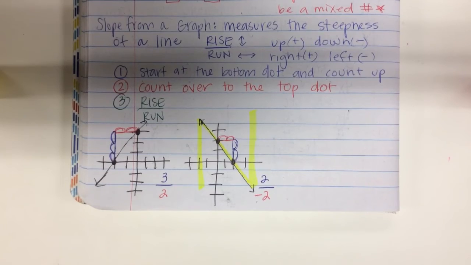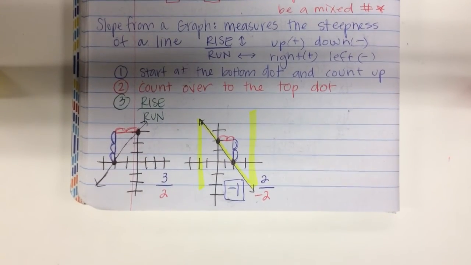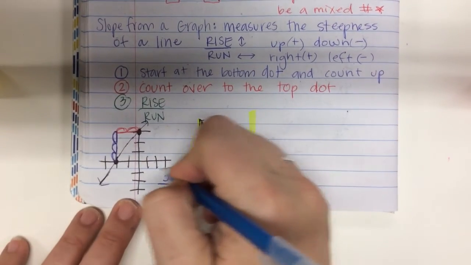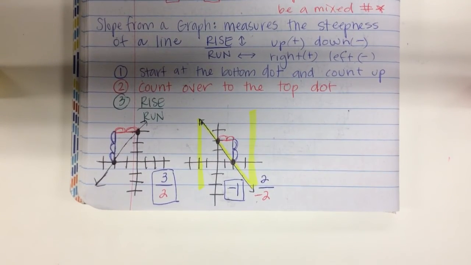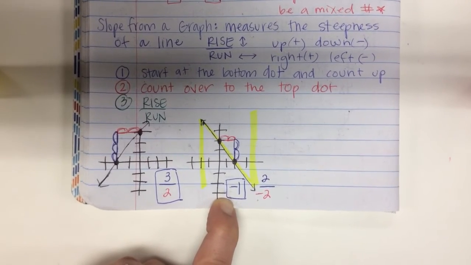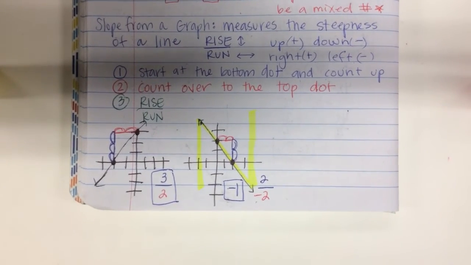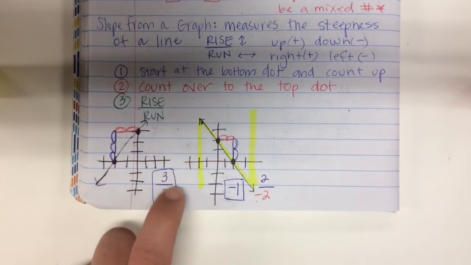Two over -2 simplifies to what? -1. You do simplify, you just never simplify to a mixed number. Because can you make -1 into a fraction? How? Putting it over 1, -1 over 1, and then we're good. But do not ever make it, don't make 3 over 2, don't make that into 1 and 1/2.